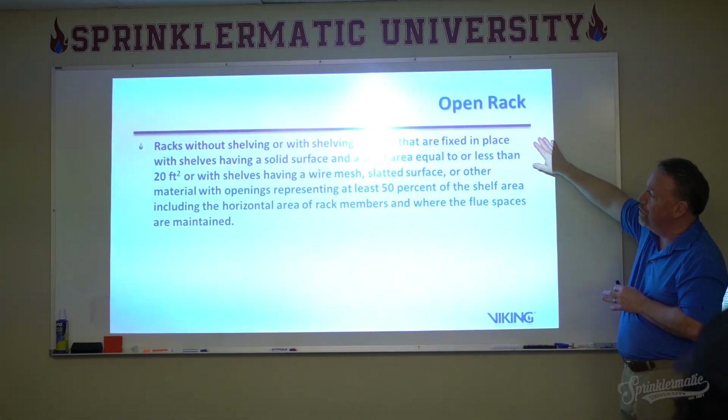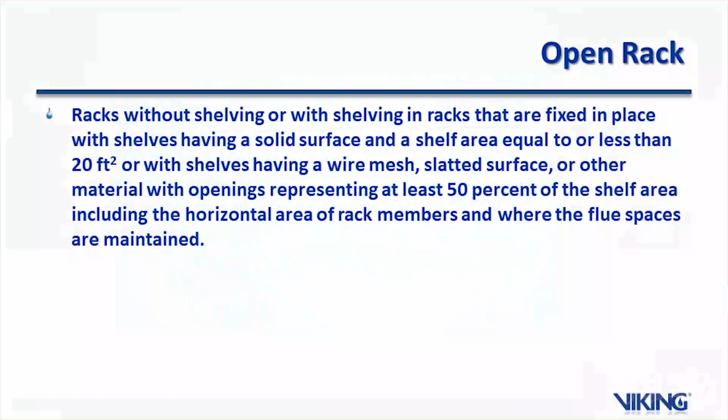So in this case, an open rack is racks without shelving at all, or with shelving in racks that are fixed in place, but again, no more than 20 square feet of the shelving. It might have shelves with wire mesh, or a slatted surface. It's got to be more than 50% open. 50% open is the big key here.